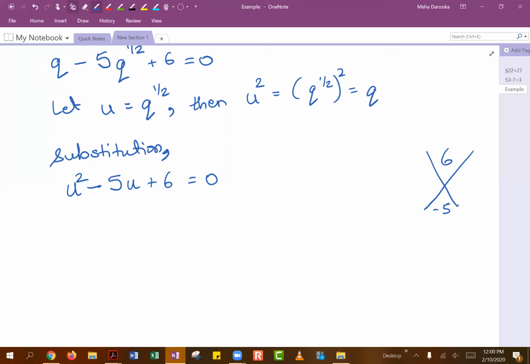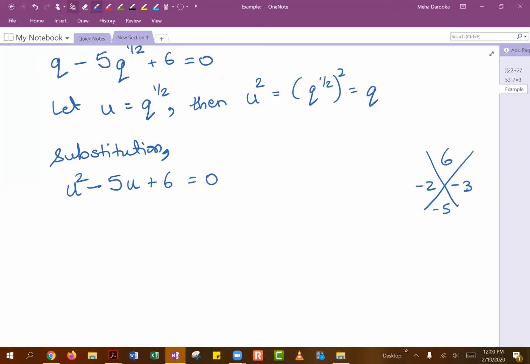But our equation has +6 in it. -2 and -3, both numbers negative? Yeah, very good. Because that way, if both my numbers are negative, when I multiply, I get my +6. And when I add, we get our -5, right?